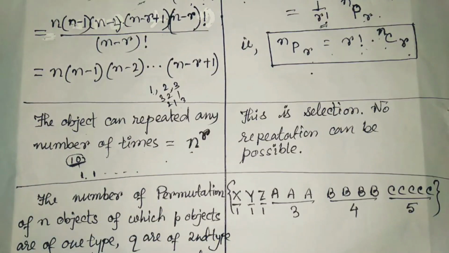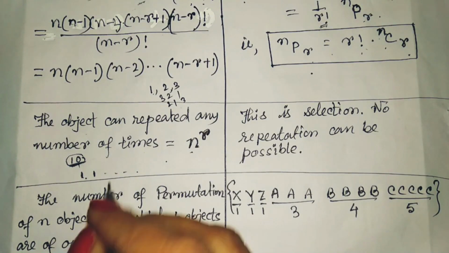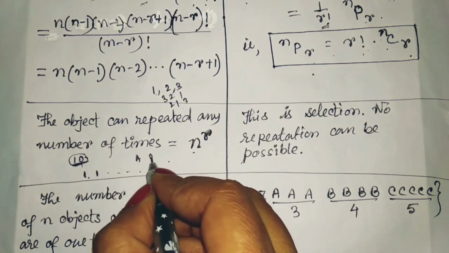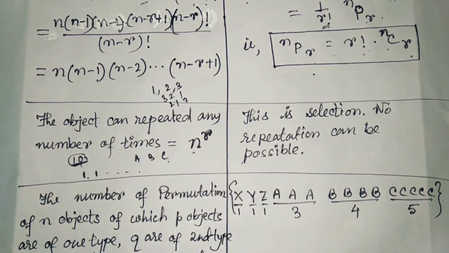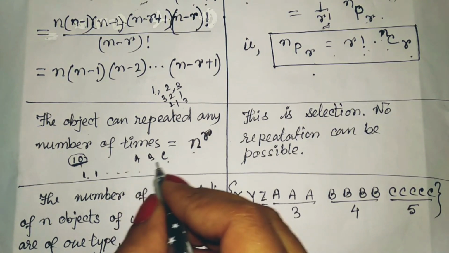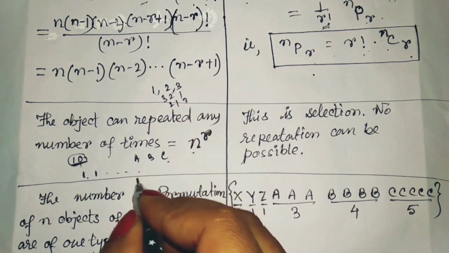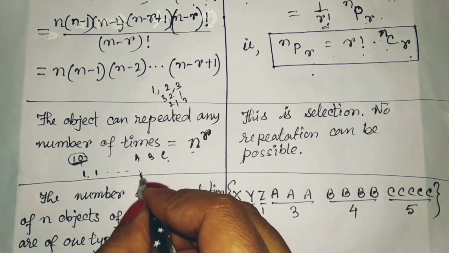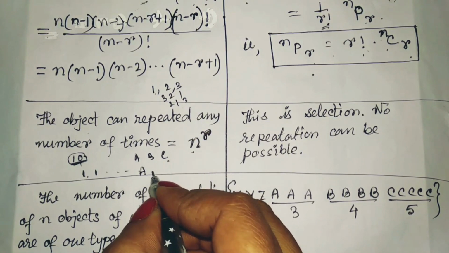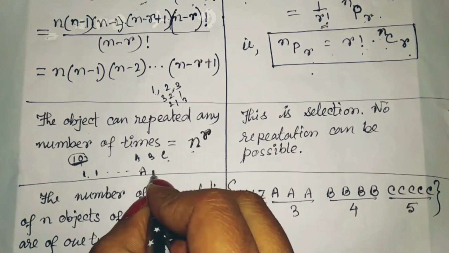Now, the objects can repeat any number of times. That means suppose I have A, B and C, and I want to form a word of 3 letters. So I can choose in the first position A, B or C, anything. Now in the second position also I can choose A, B, C, anything.